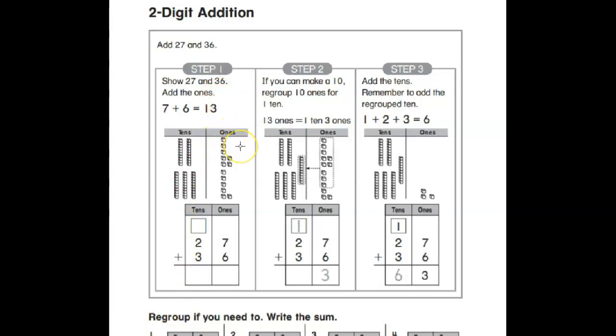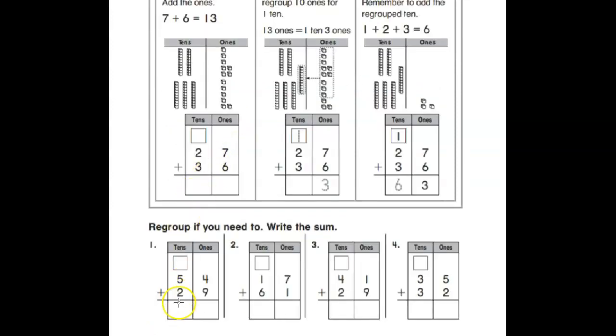The steps are here for 2-digit addition. Let's do number 1 together to be sure you are ready to do this on your own. We start with the which place? The ones place. Good. What does 9 plus 4 equal? 13. Excellent. Which number of 13 will go in the ones place?